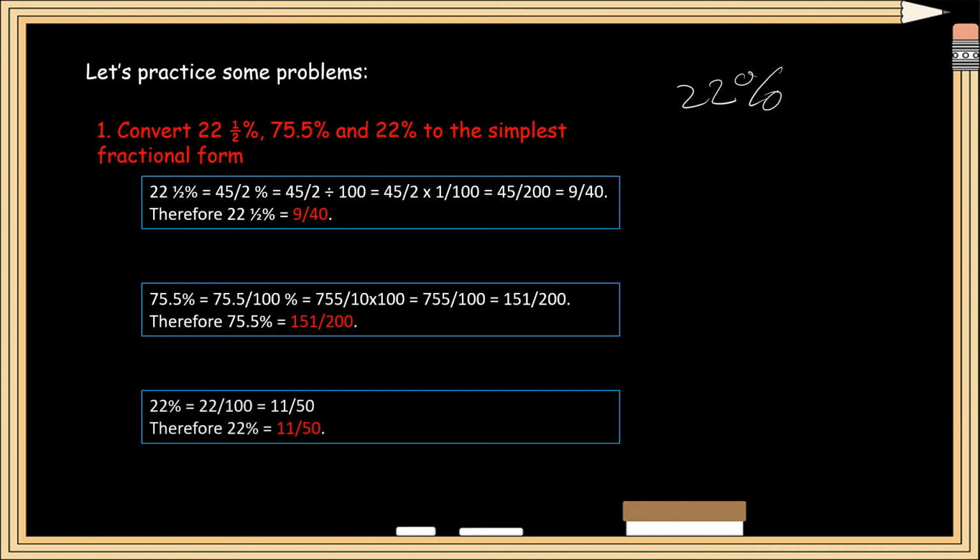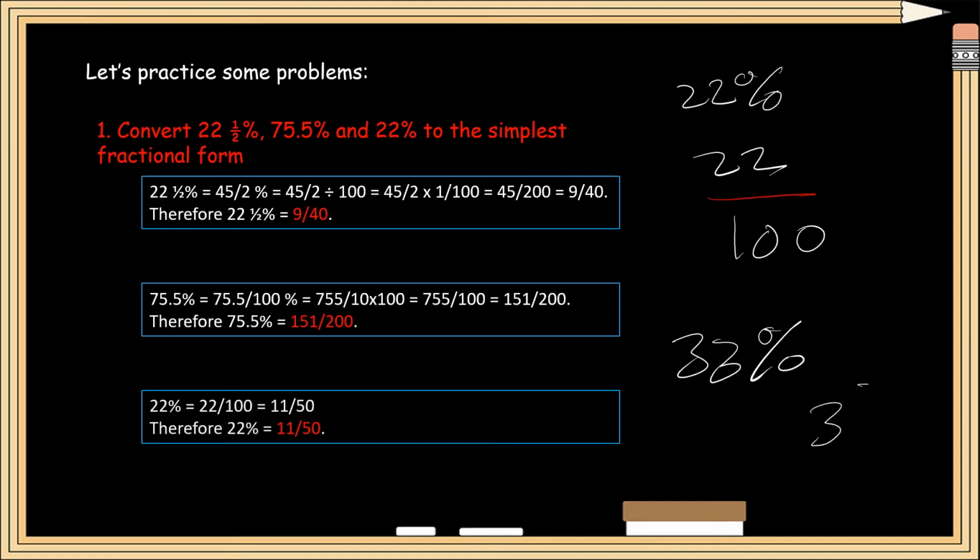Now I can write 22% as 22 by 100, because always remember this: if I have 33%, I can write it as 33 by 100. These both are equal. They're just the same. So you can write it like this.